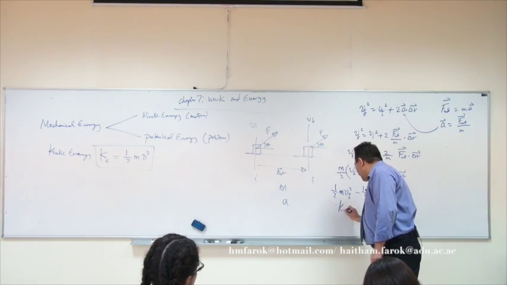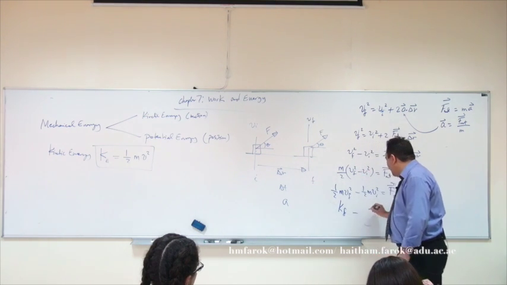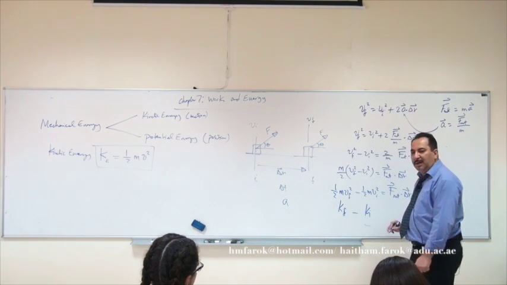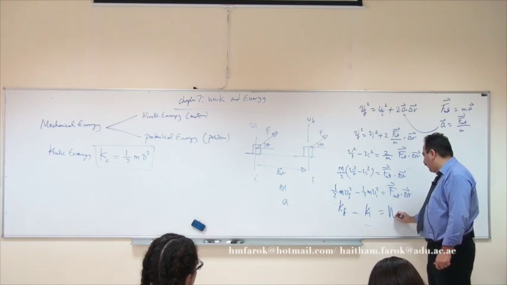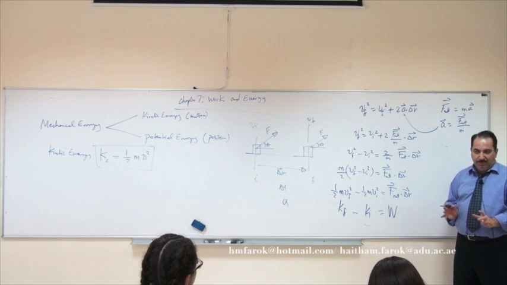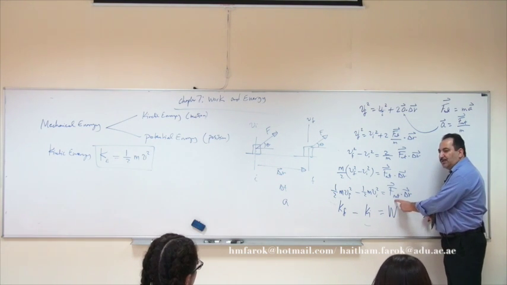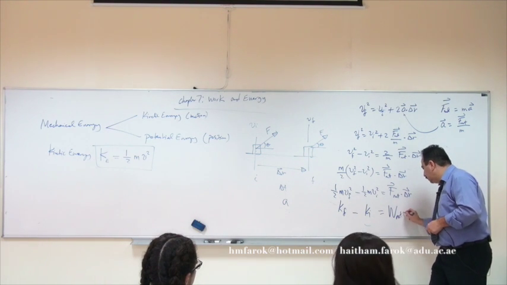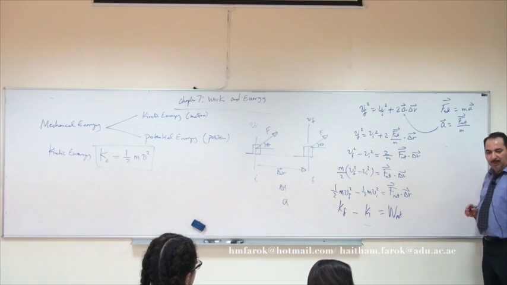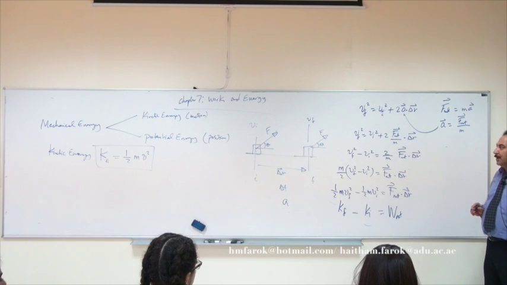So this will be kinetic energy final minus kinetic energy initial equal. Okay, here be careful. It's not equal to work. It's equal to which work? Of which force? Total force. So total work.